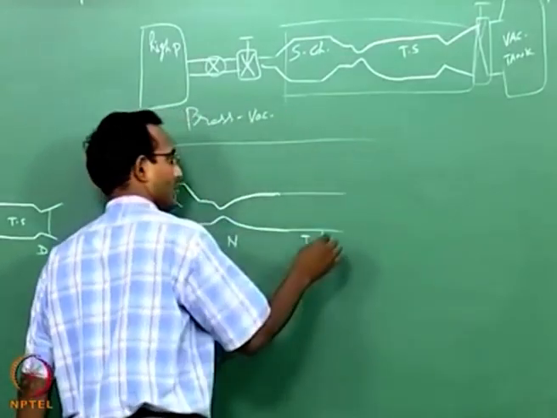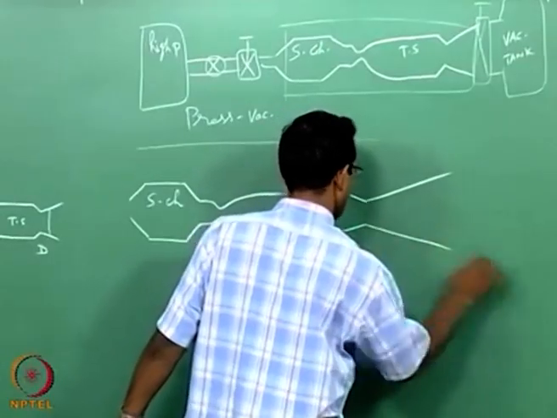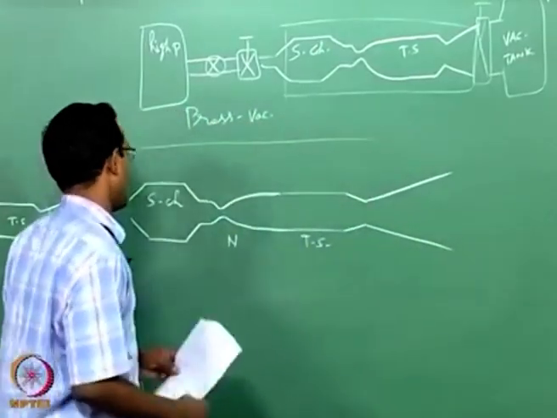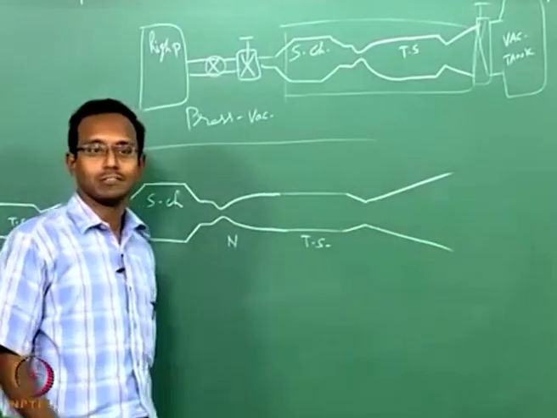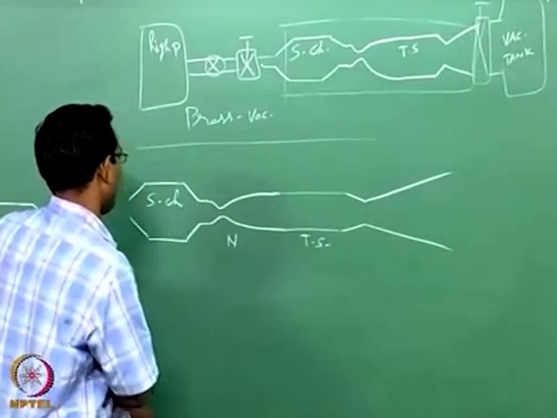This is my nozzle, and after that I have a diffuser, and somehow I am setting pressure difference across this. We know how to set it, we have 3 different ways of doing this.